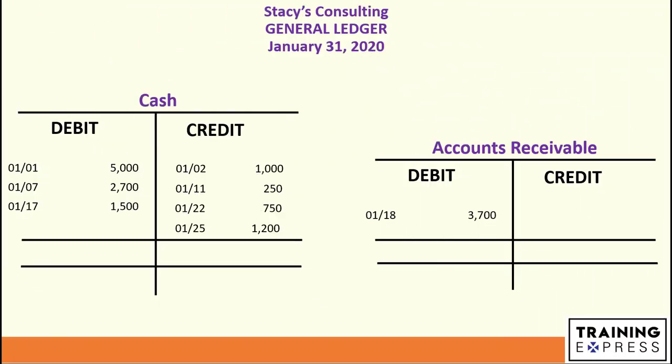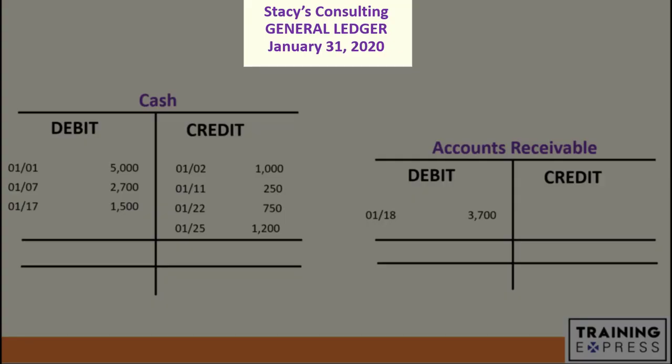Okay, so in this session, we will be learning how we can prepare the general ledger. General ledger is simply a collection of various T accounts or ledgers. In the last session, session number 7, we discussed 10 different business transactions, and each transaction was affecting different types of T accounts.